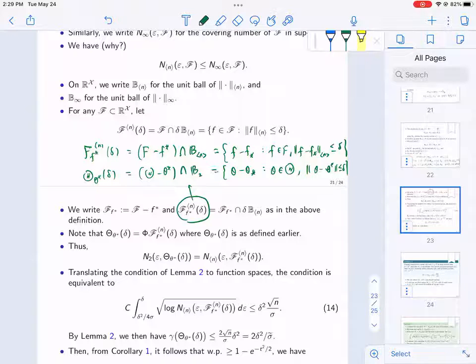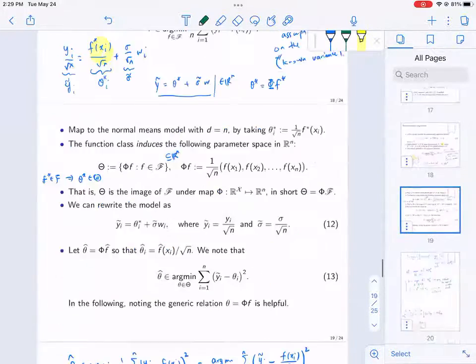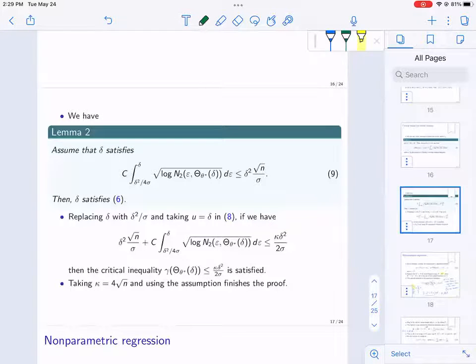So basically the L2 covering number of this neighborhood in Theta is exactly the same as the empirical norm covering number of this neighborhood in the function class. That's basically a perfect correspondence. This is basically phi of this. So if you apply phi to this set, you get this. And if you recall, we're exactly controlling something like that. So in the L2 norm of this neighborhood, I'm just going to replace this with, so what we showed is that this is exactly the empirical norm.